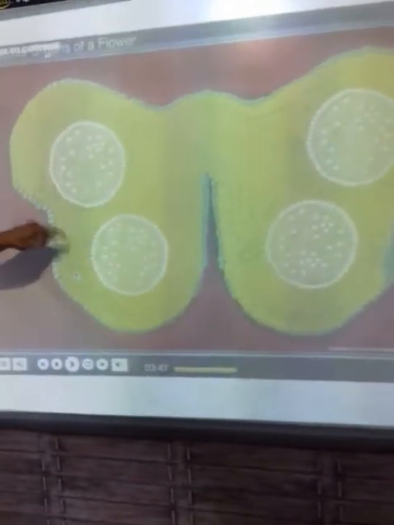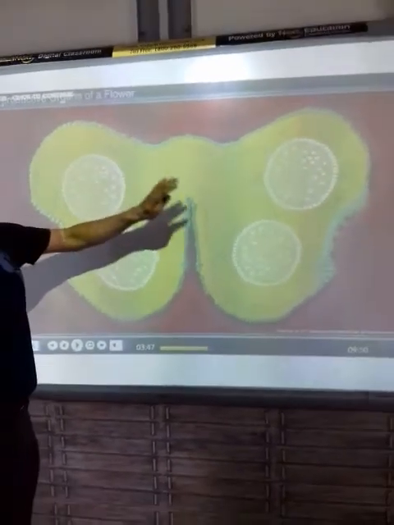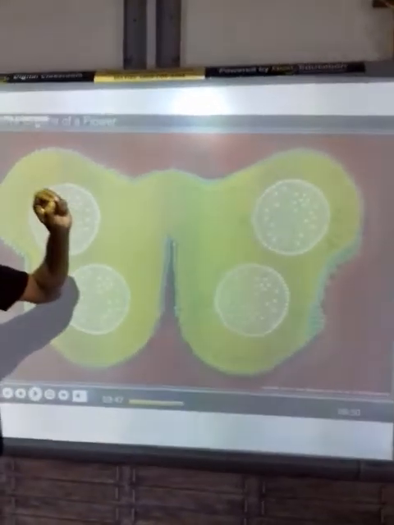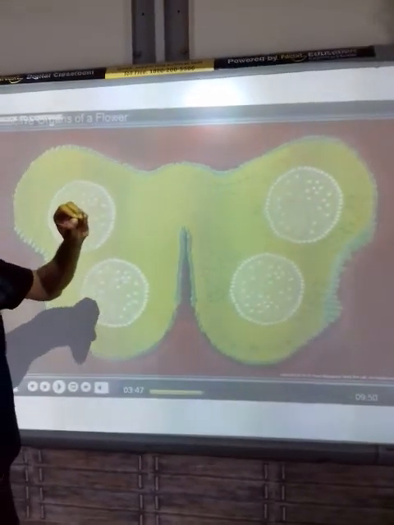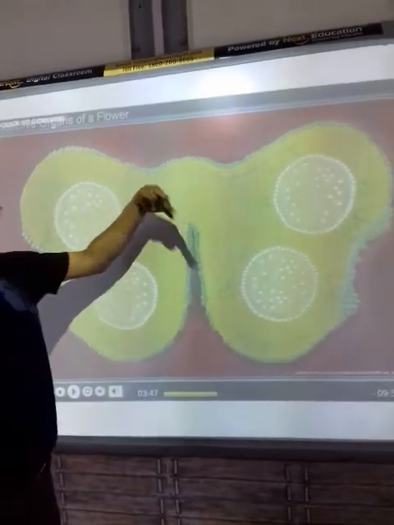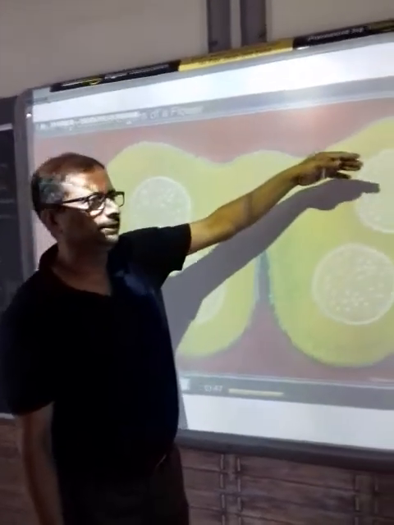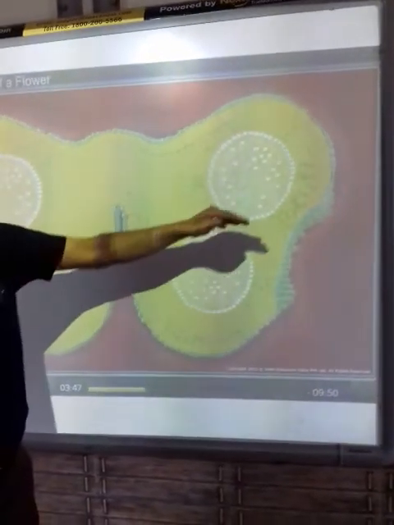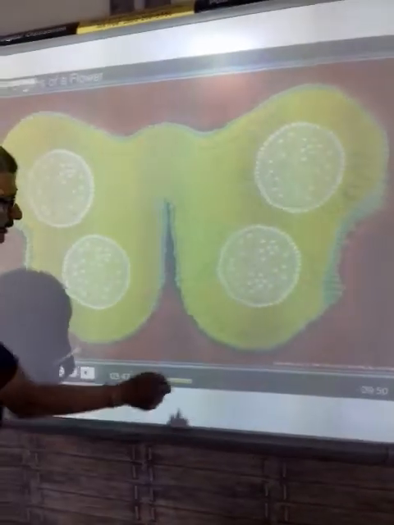And here you can see that the main reproductive part of the anther develops from a type of cell called the pre-archesporial cell. Now this pre-archesporial cell develops into the outer epidermis and the inner sporogenous tissue.